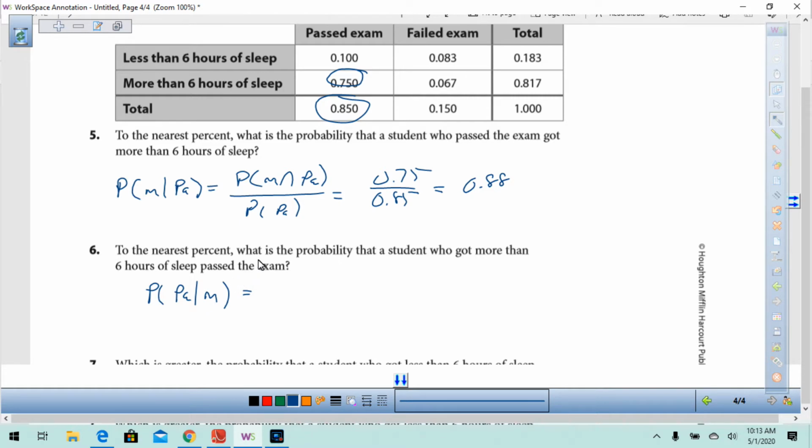Okay, so what do we got here? They passed the exam given they got more than 6 hours sleep. So that's going to be 0.75 divided by 0.817.